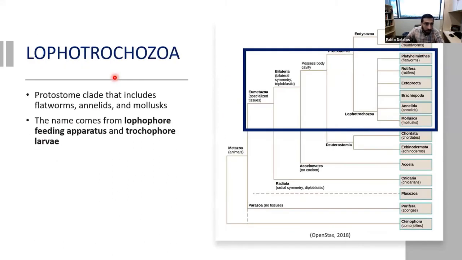Oh, and the name Lophotrochozoa comes from this feeding apparatus that larvae have, called the lophophore, or the larvae have a trochophore, and the feeding apparatus is this lophophore. It's basically this ciliated structure, so it's got these like tiny tentacles within the feeding apparatus of some of these organisms.